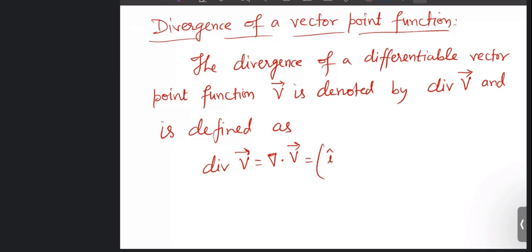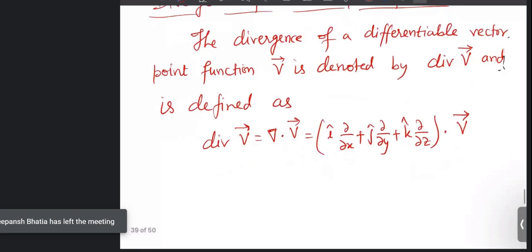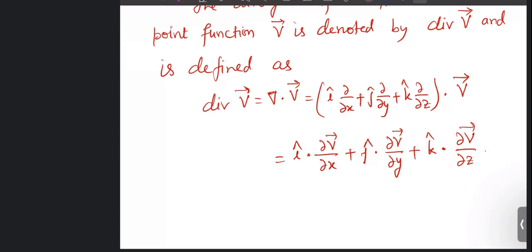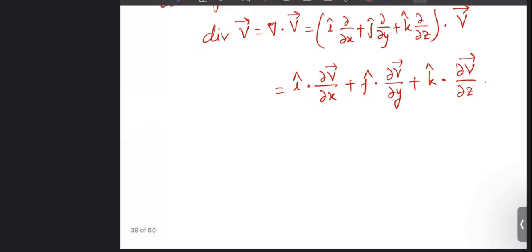That is equal to (i ∂/∂x + j ∂/∂y + k ∂/∂z) dot product with the vector V. That means i dot with this vector, j dot with this vector, k dot with this vector, if V is in component form.